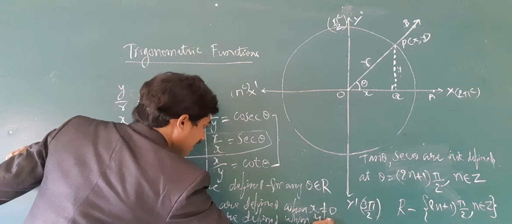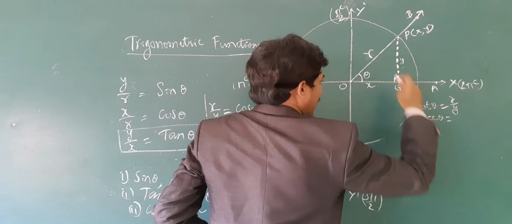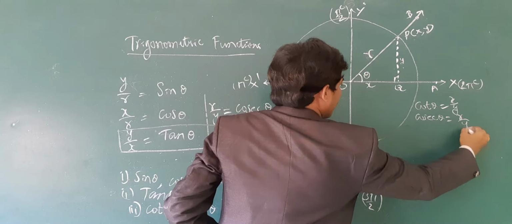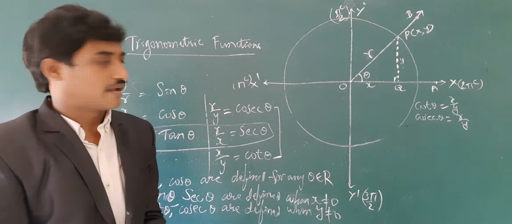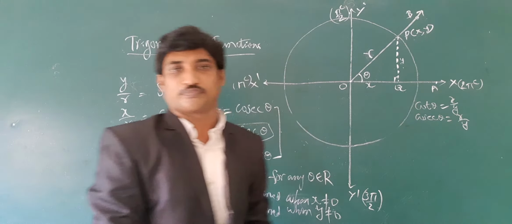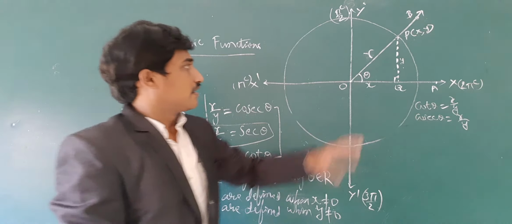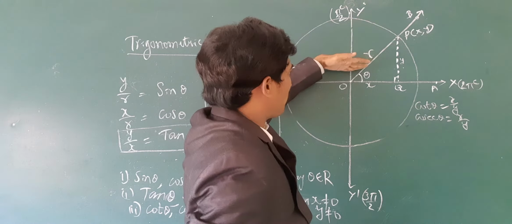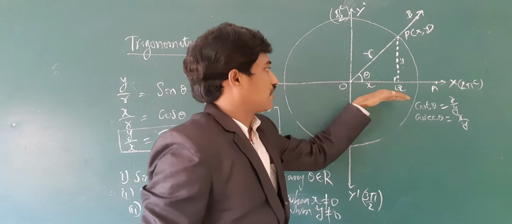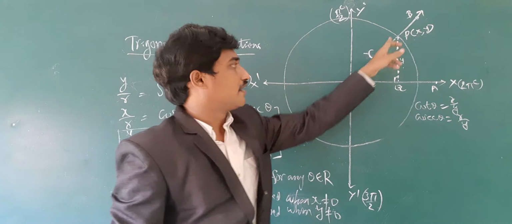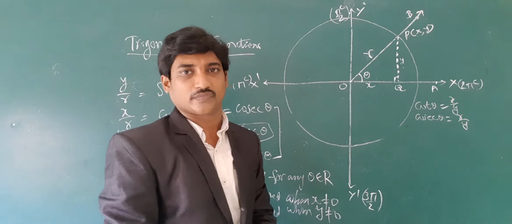Why? Because cot theta is equal to x by y and cosecant theta is r by y. Here y should not be equal to 0. When OP leans on the x-axis, the y value becomes 0.